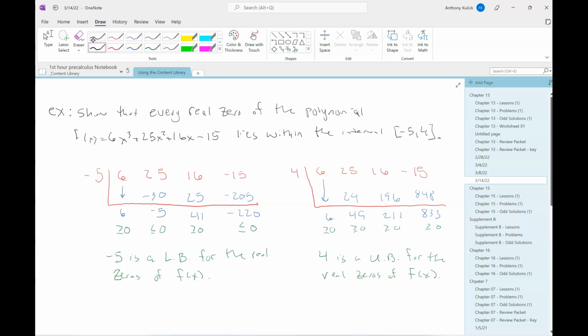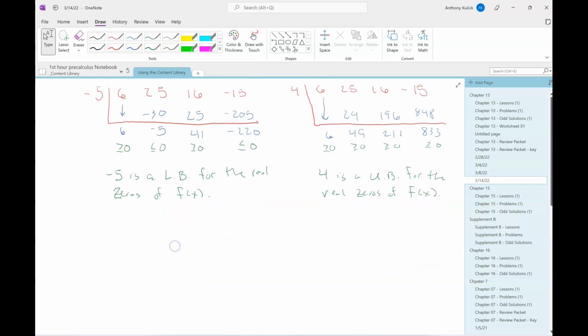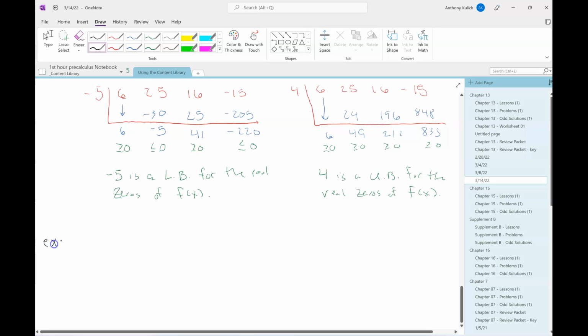Anyways, is everybody okay with how that theorem is really operating here? Okay. So let's do now a full example where we can apply what we have so far to actually finding the real zeros.